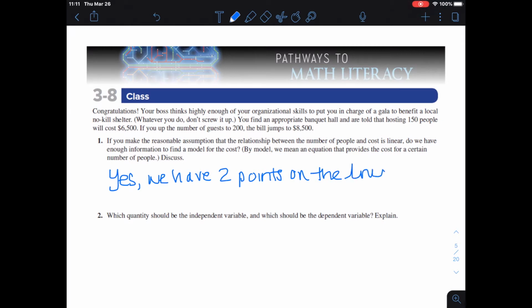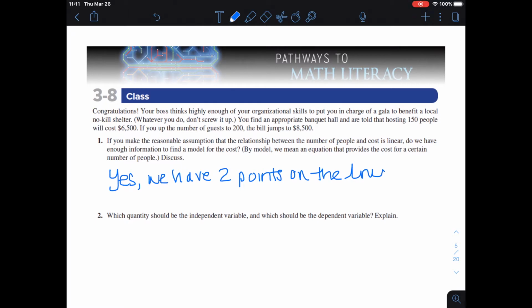We might not be able to write the equation of the line right now, but at least we know we can graph it. So we need to figure out which quantity should be independent, which should be dependent, because that will help us with setting up the equation of the line.